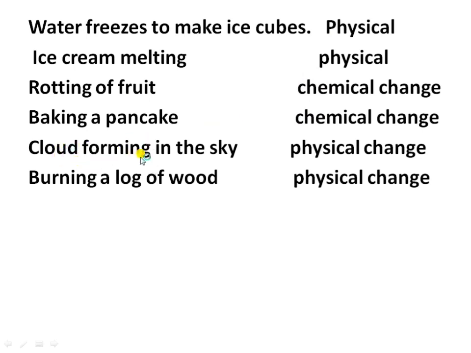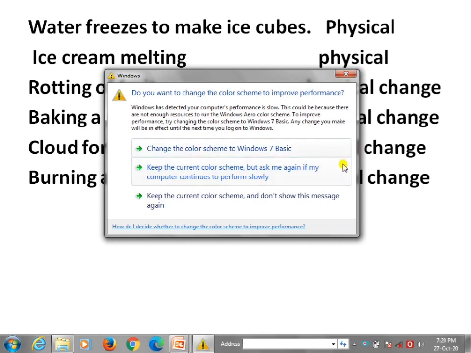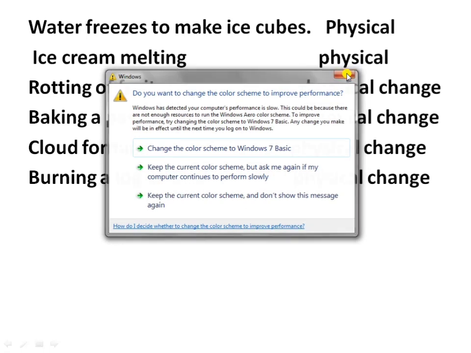Then cloud forming in the sky is a physical change. Why is it a physical change? Because when the water evaporates, it forms water vapor, then it condenses to form cloud. After a period of time, the clouds come down as rain, so the process continues.